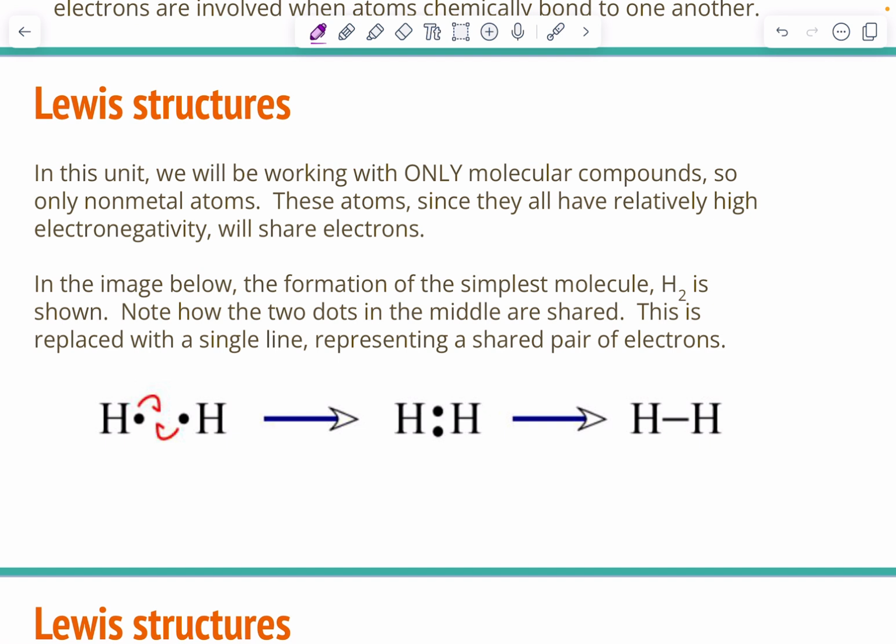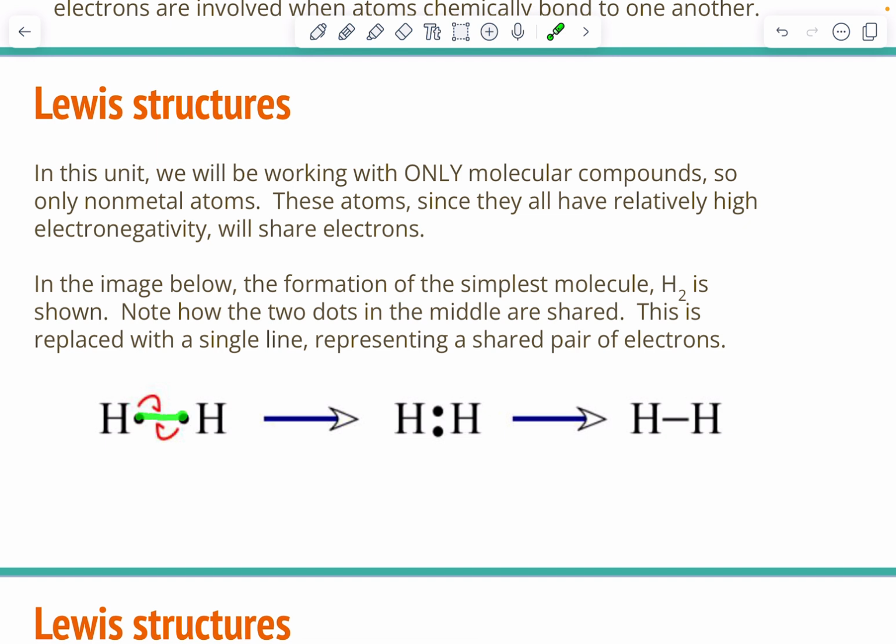If we take a look at this image of the simplest molecule that we could possibly draw, which would be H2, you notice that each hydrogen has 1 valence electron. We've drawn that 1 valence electron on each of those. If those 2 hydrogen atoms share that pair of electrons, then that would be a single covalent bond.